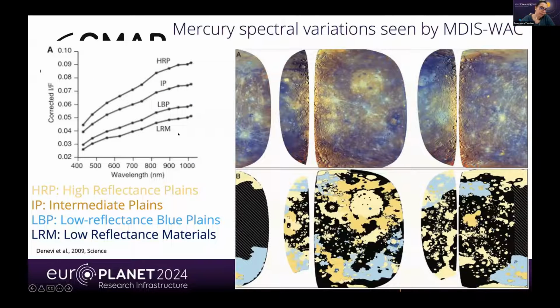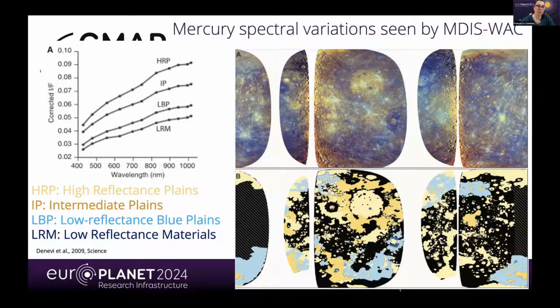On the top left, you see the spectra of each different terrain identified here. So you see that the high reflectance plains are characterized by the highest reflectance, but also a steeper spectral slope. The intermediate plains have a similar behavior, but with a shallower spectral slope with respect to the high reflectance plains.